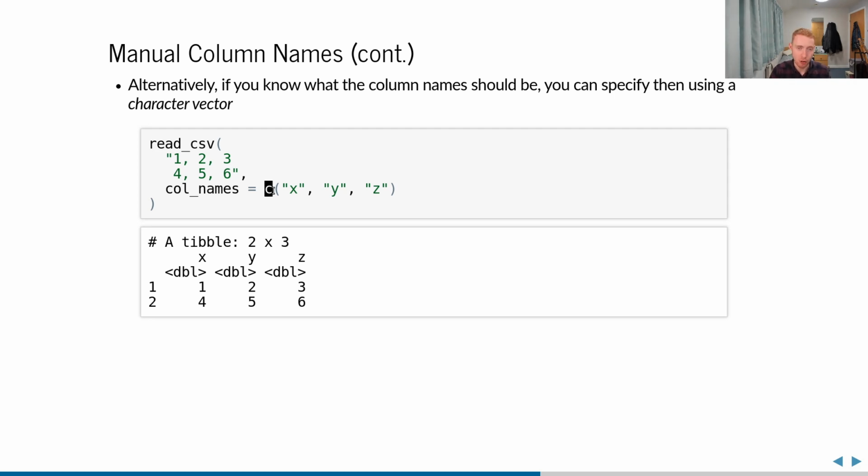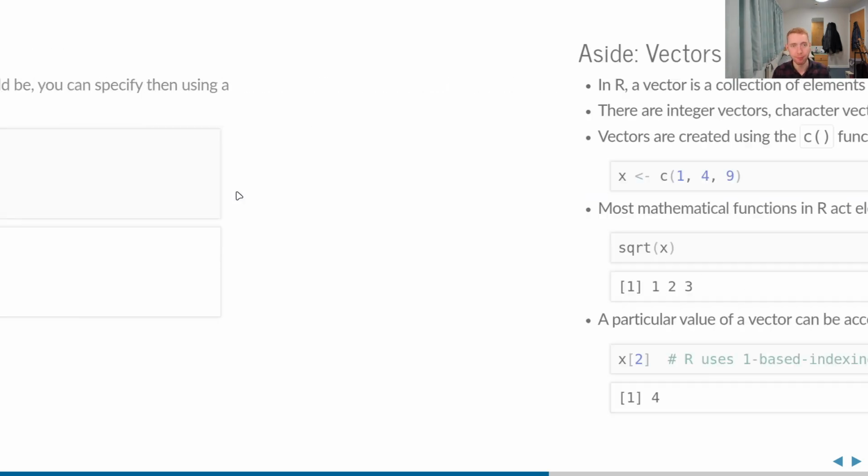We use the c function, and then inside of that, we have each of the column names as text, so using quotes, separated by commas. So here the column names are X, Y, and Z, and those will be used to fill in the column names, and then we'll start from the top here, reading data. And so we get something like this.